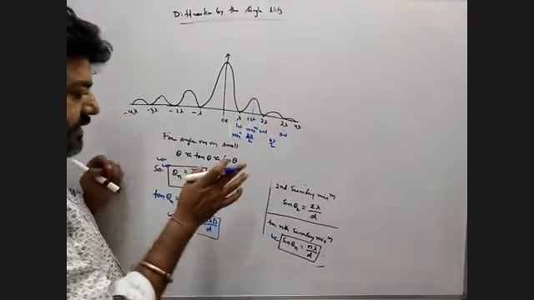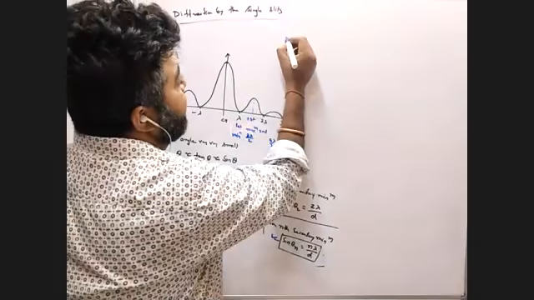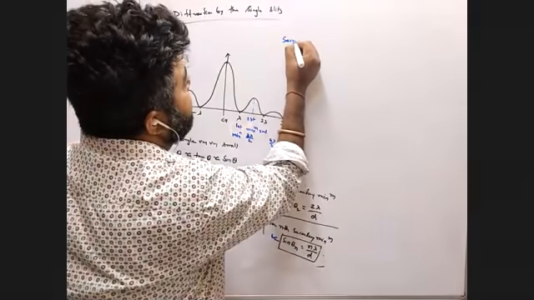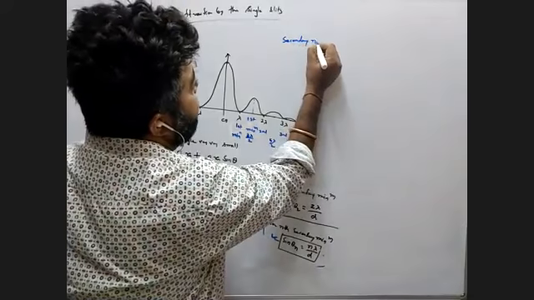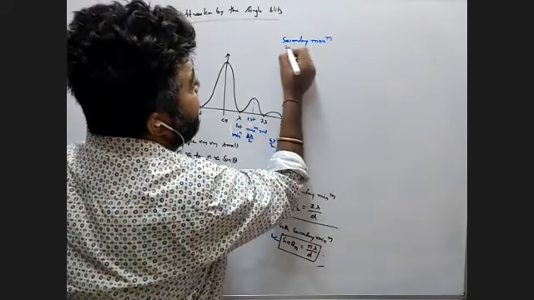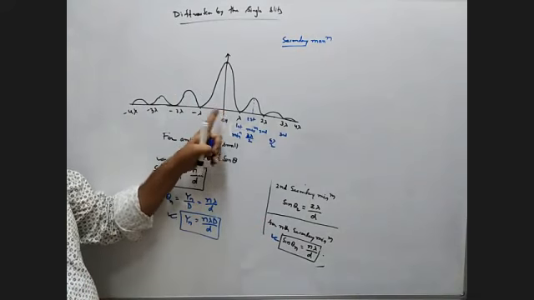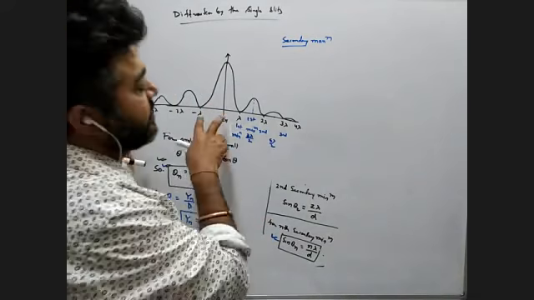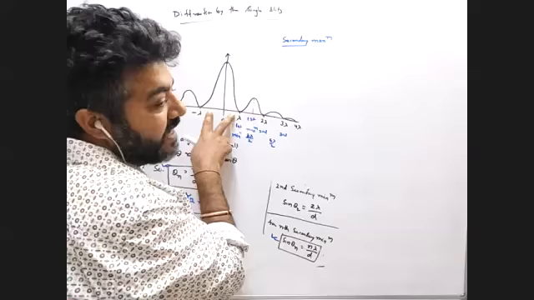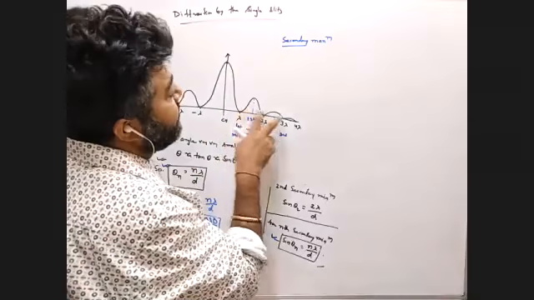Yes. So if we give the heading secondary maximum, see why we put the term secondary, because this central one is the primary. This is called the central maxima. This is the main one, primary, and the later ones are secondary.